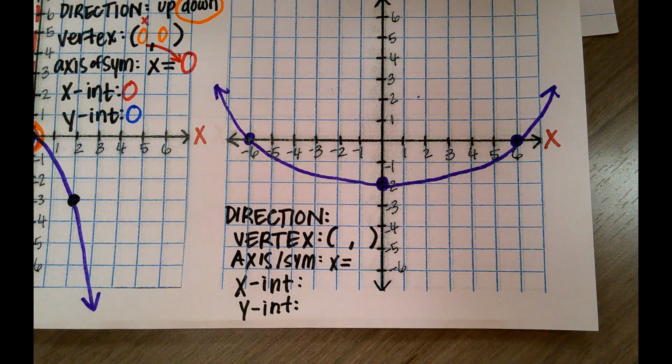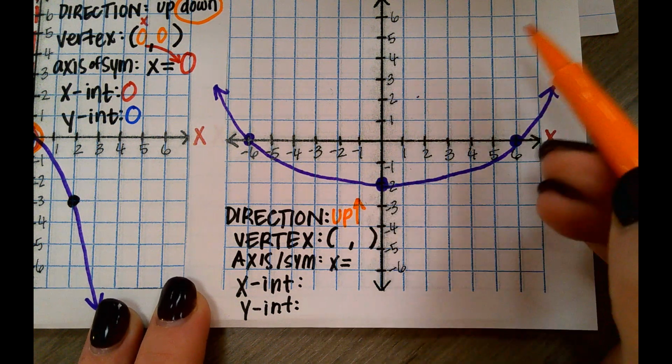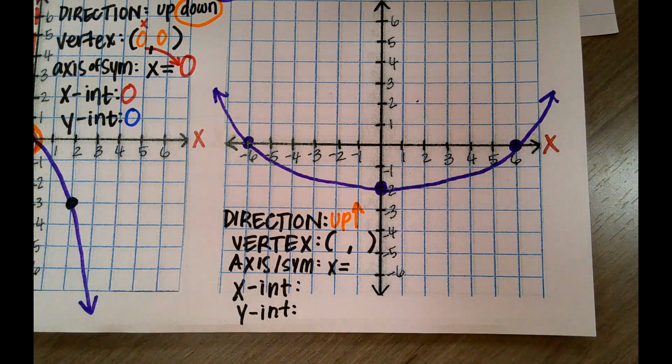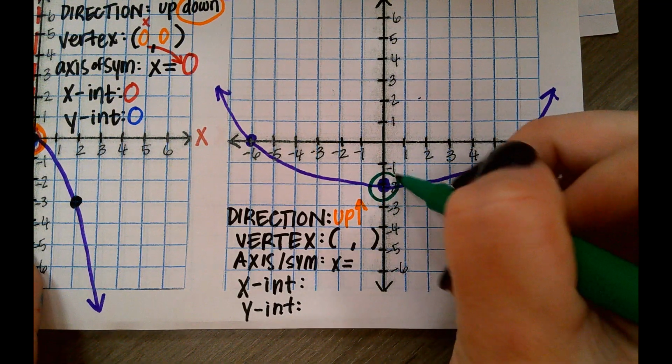What direction is this? Up. It's pointing up. Okay. What is my vertex? 0, -2. It's right here.